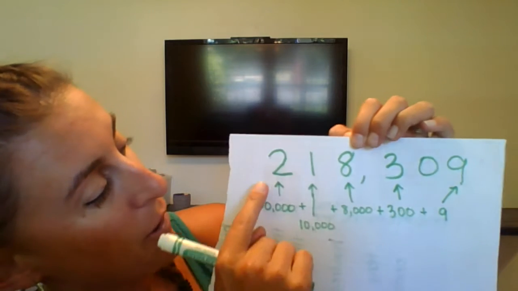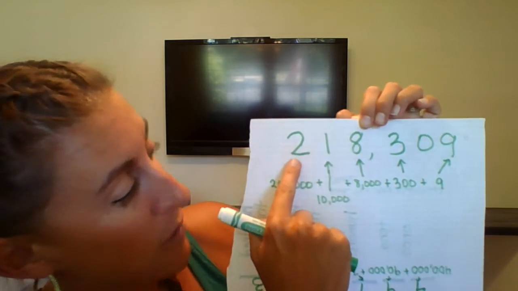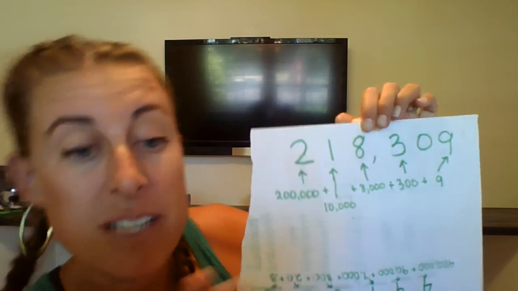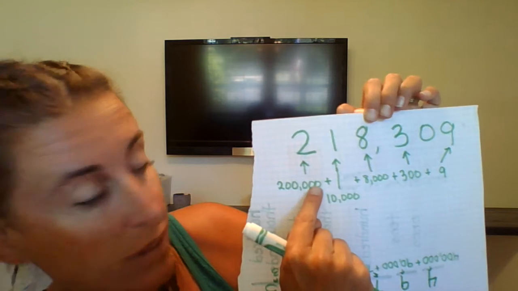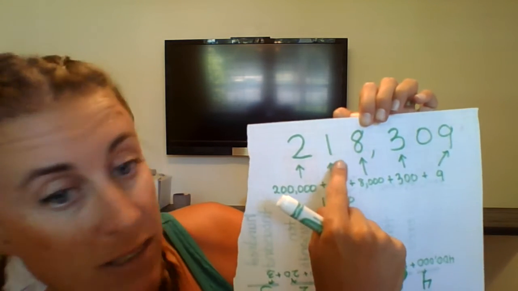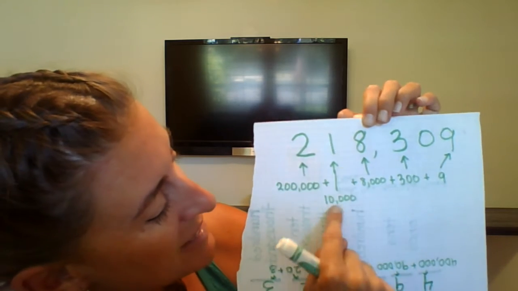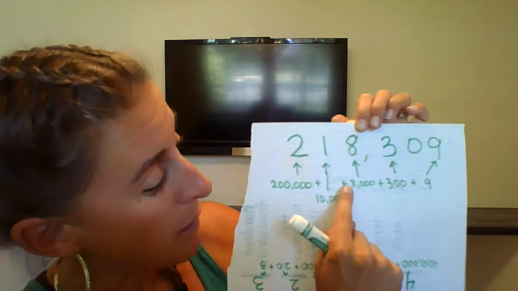We could take this apart starting at the left, just like how we would read it, and we would call this number not just 2 because of where it lives. We call it 200,000. That's what it is worth. That's its value. Plus, not just 1, 10,000 because of where it lives. That's what it's worth.